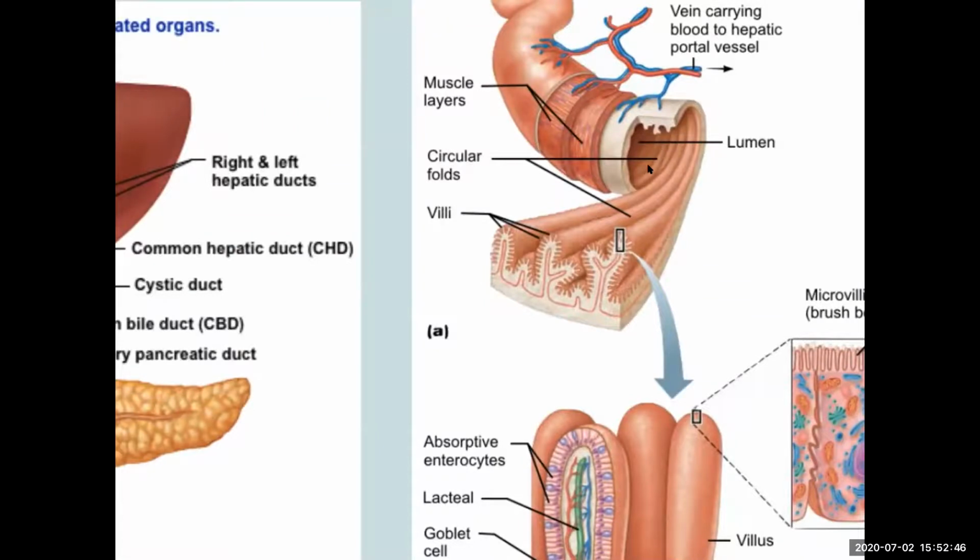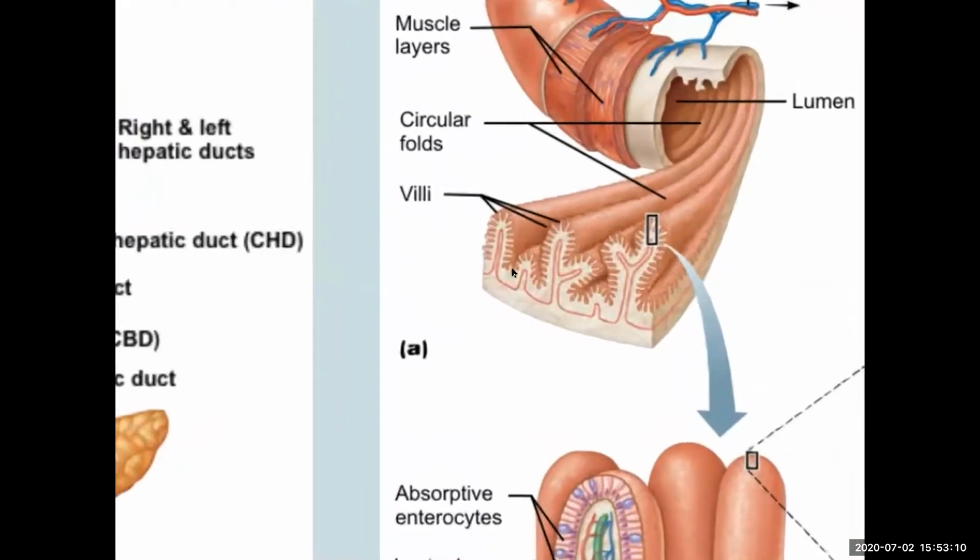The circular folds function to allow the chyme to swirl around along the wall. So instead of just moving down fast, it swirls around, and it slows down the passage of the chyme. That allows more time for absorption.